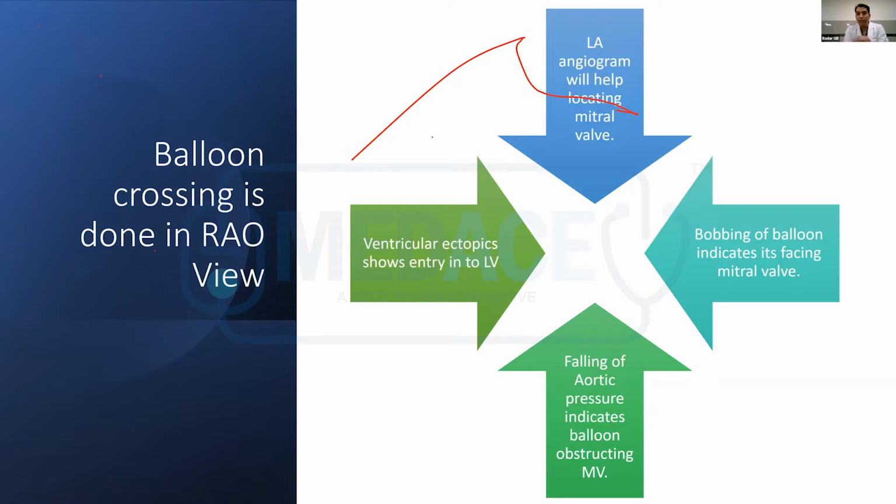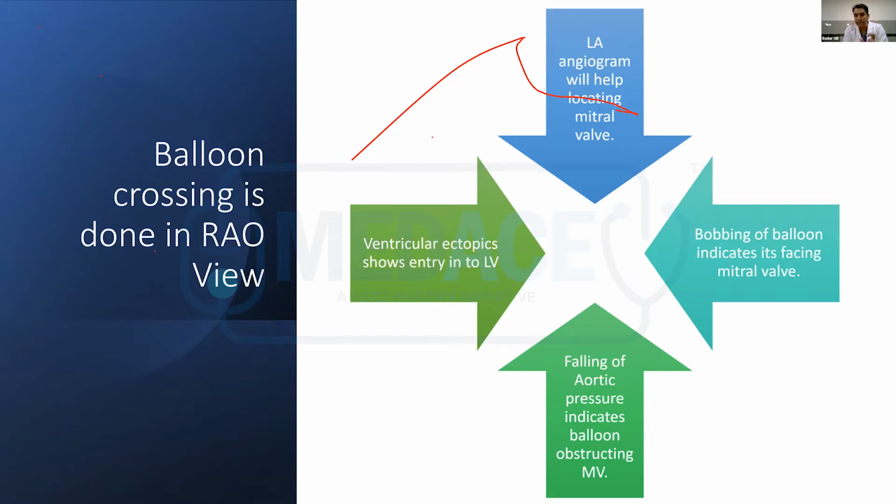Second, the bobbing or movements of the balloon when it faces the mitral valve. There are a few forward movements towards the LV apex, which is normally called bobbing. Third, the falling of aortic pressure, which is very important and indicates that the balloon is now obstructing the mitral valve.